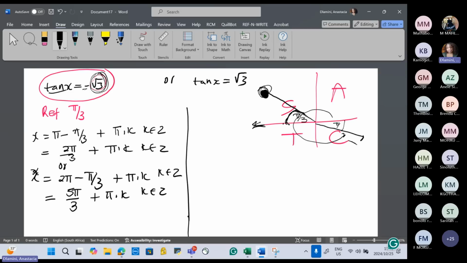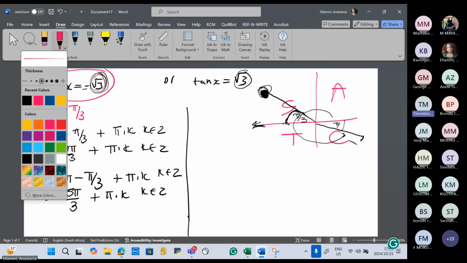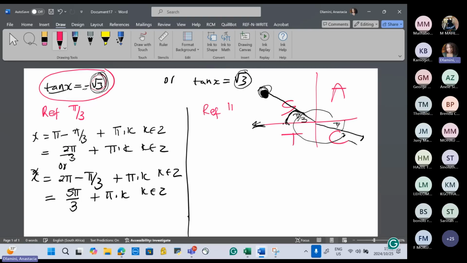Are we all together? Now we are done with this one. We go again. We know the reference angle here will also be π/3, isn't it? Now, since the reference angle is π/3, where is tan positive? Because you see the sign is positive here.